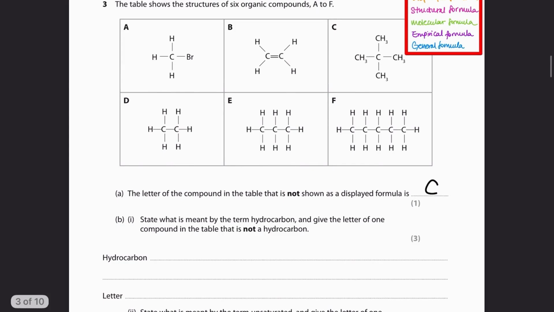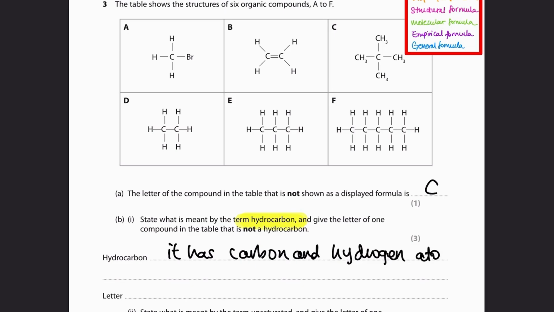Next, it says, state what is meant by the term hydrocarbon and give the letter of one compound that is not a hydrocarbon. So the word hydrocarbon is frequently asked on the exam. There are 2 points you want to mention for hydrocarbon. Number 1 is that the molecule has carbon and hydrogen atoms. Now my students will know this is not enough to get full marks.